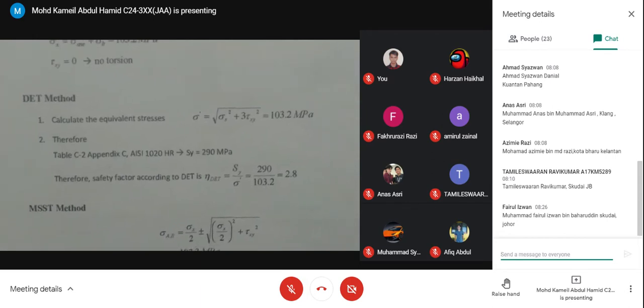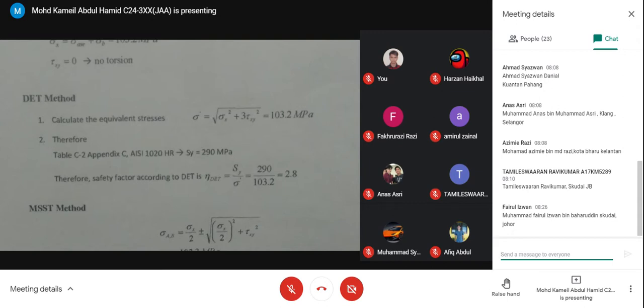Yield strength tu biasa kat graph SN curve tu dia naik dekat paling atas. That point, kemudian dia curve down, bend, turun balik, kemudian baru fracture. So SY for 1020 HR from table C2 appendix C is 290. So just need to get that value 290 kalau tak diberi lagi.